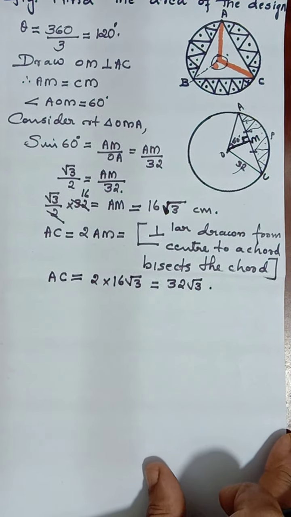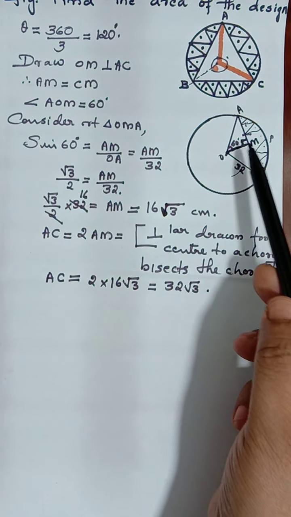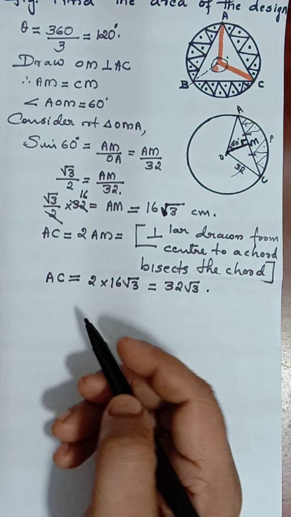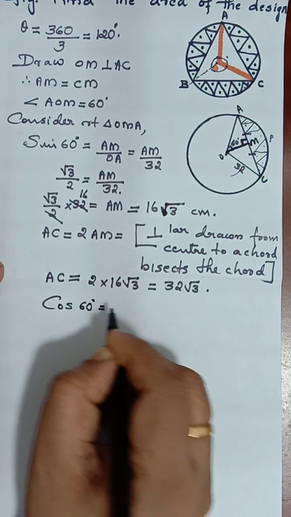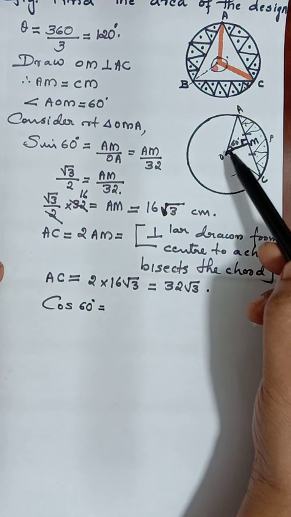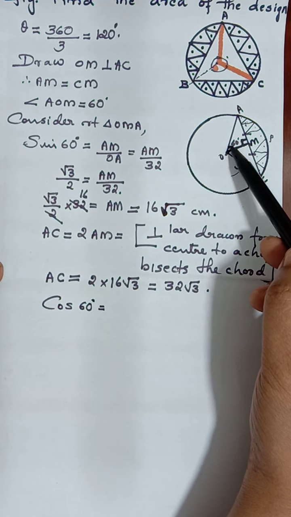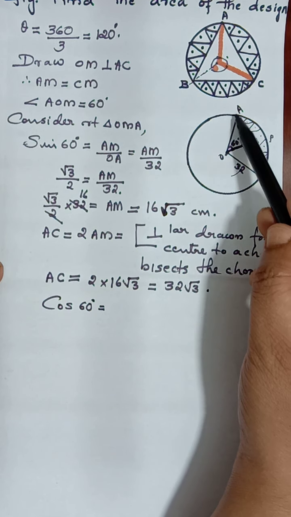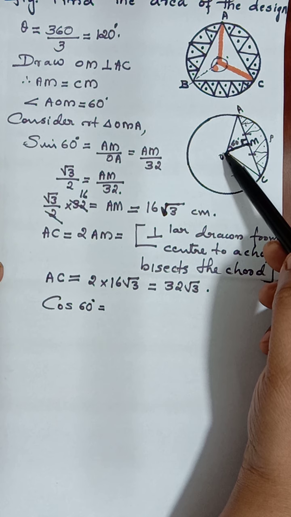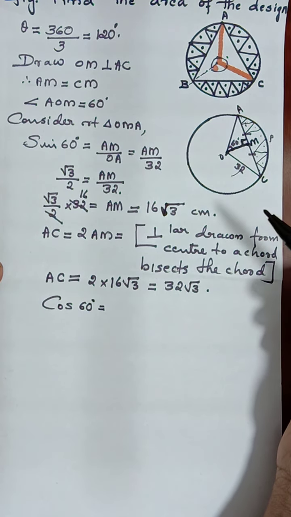Now what do we find out? We have to find out the perpendicular. How to get the perpendicular? Which trigonometric ratio is better here? Shall we have cos 60 degree? Cos 60 is adjacent side by hypotenuse. For 60, AM is opposite, OM is adjacent, and OA is the longest side, the hypotenuse, just opposite to the right angle.